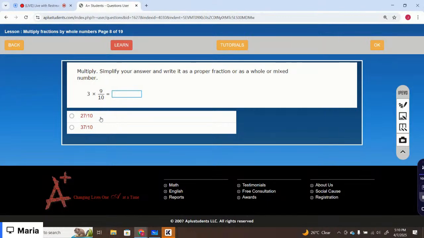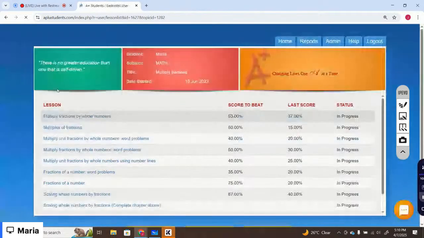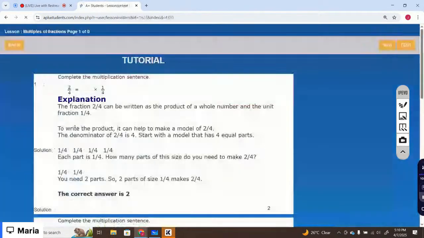Option number 1 is the correct option. Okay, you can complete the lesson by yourself for today. Let's just move on to the next lesson. The next lesson is multiples of fractions. Let's just start with the lesson.